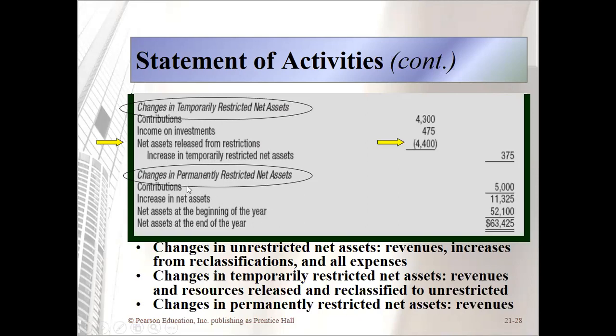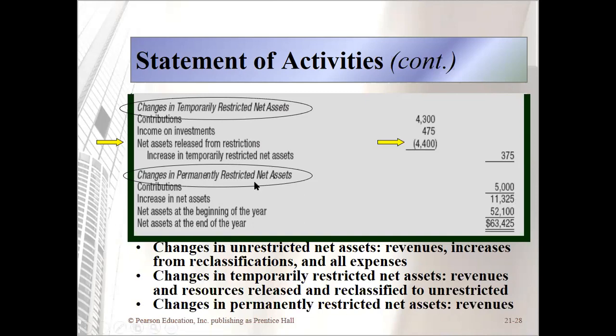For permanently restricted, the contributions, and then what is missing here could be some items, right? Because we don't have an amount here that would result in 11,325. So there must be something missing to result in the increase.